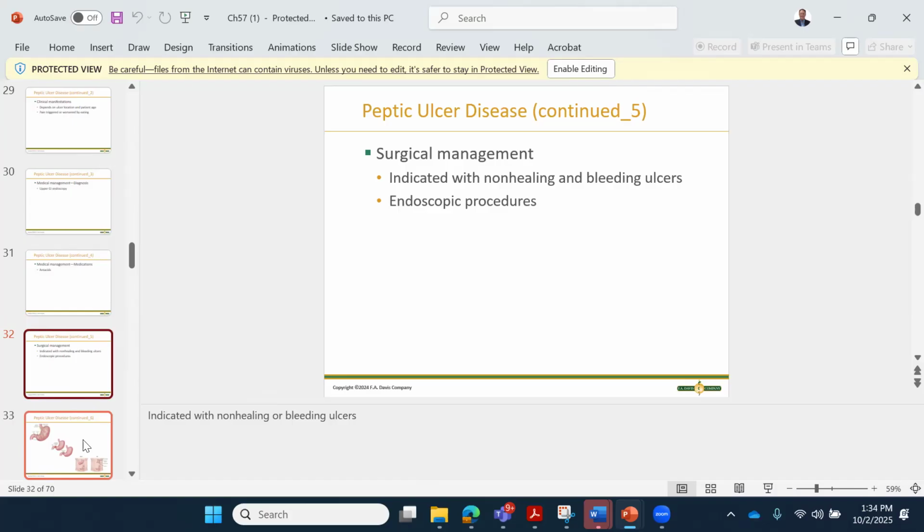One of the things I've always told students is that having a peptic ulcer is kind of like having a scab on your skin. If you irritate it and pick at it, then it's never going to heal. An ulcer is kind of like a scab, except it's inside your body. And if you keep irritating the ulcer, it's never going to heal.